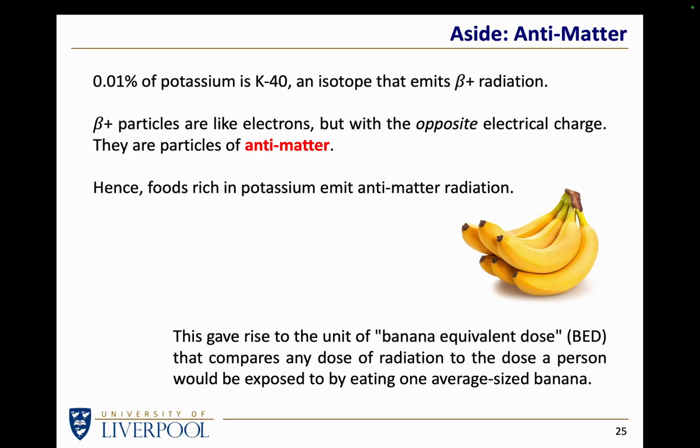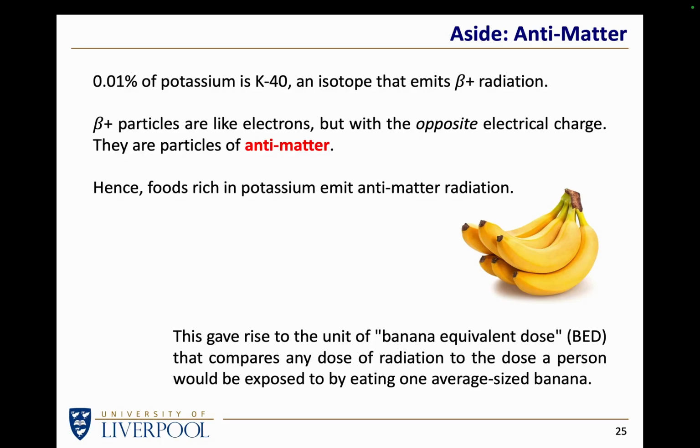So rather than talking about rads and rems and all these things that people can't make sense of, rather than having a strict physical definition, why don't you just compare the amount of radiation you're talking about to the amount of radiation that comes out of a banana, and hence the banana equivalent dose. It only works for relatively low levels of radiation. It doesn't work for a Fukushima accident or Chernobyl sort of thing.